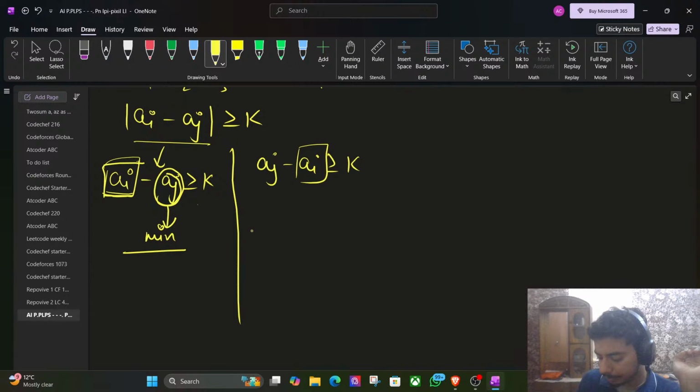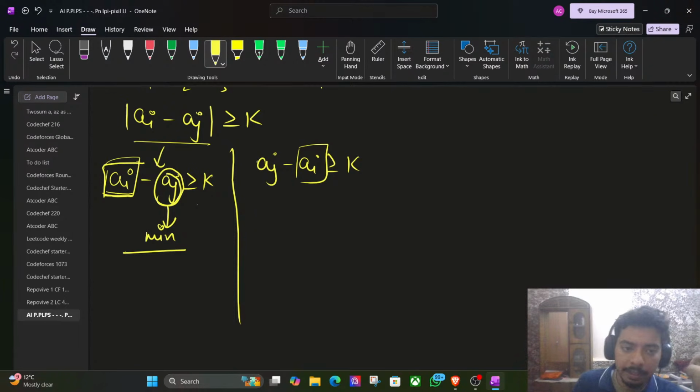Correct? So when I'm choosing aj, I need to choose it as minimum as possible, so that ai minus that minimum value must be greater than or equal to k, and it will be the best possible choice for me for any ai.